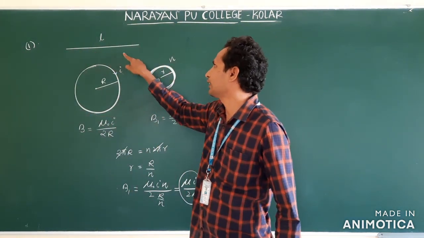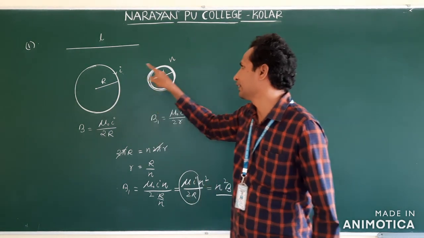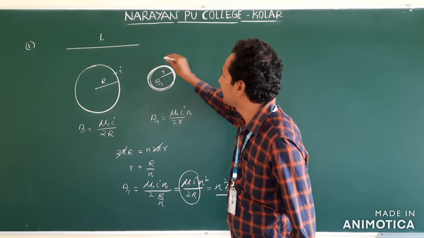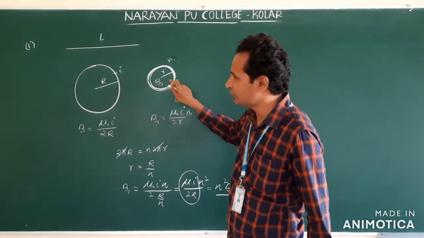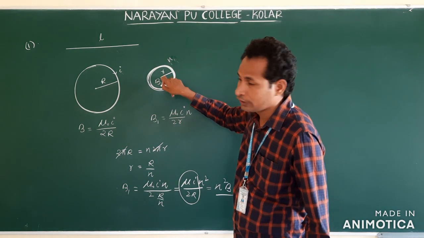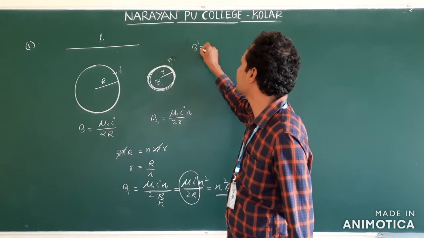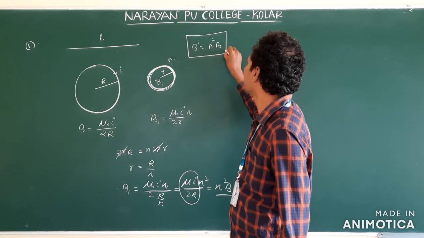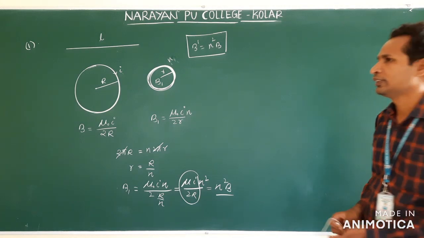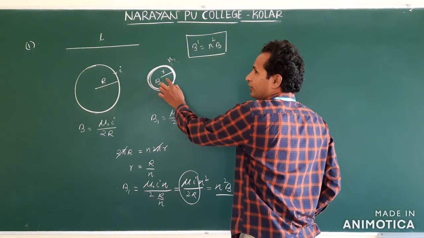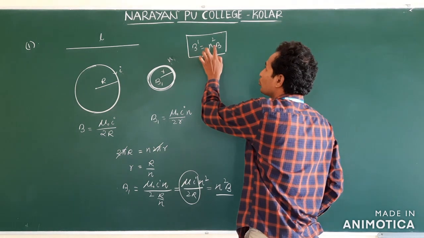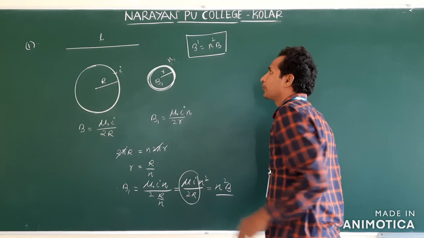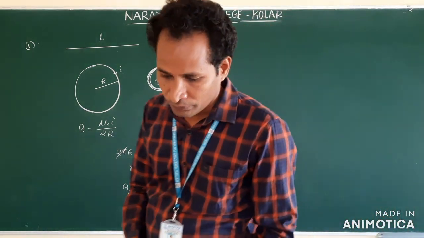When a conductor is first made into a single coil, then they remove it and make it straight again and turn it into n number of turns, then the magnetic field at this coil is B dash is equal to n square B. They will provide how many turns they made. If they made 2, then this is 2 square into B. If they made 4, 4 square into B. So remember this formula: n square B.